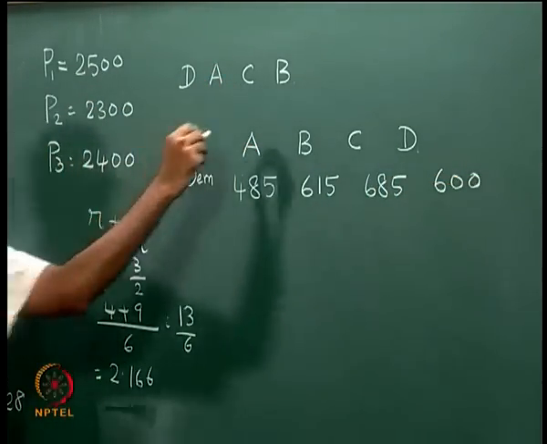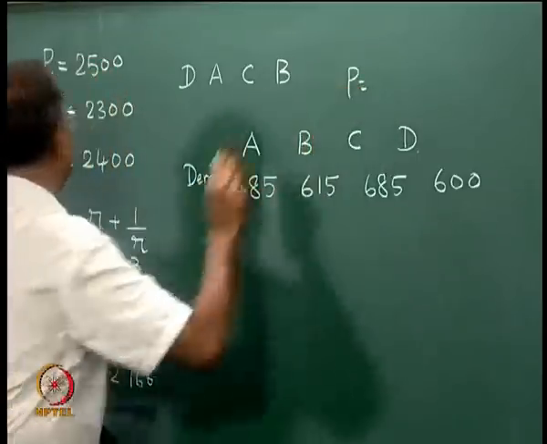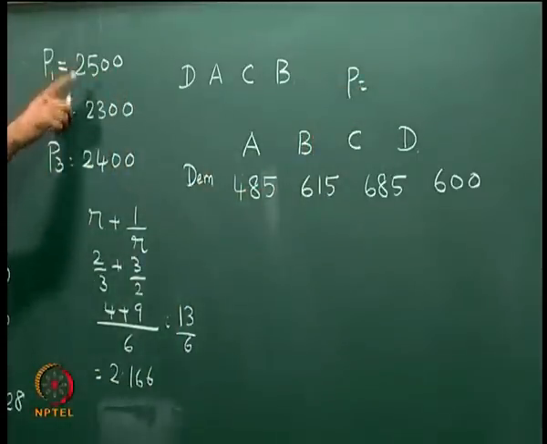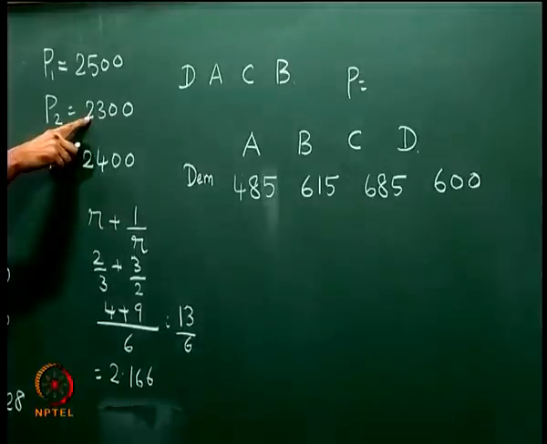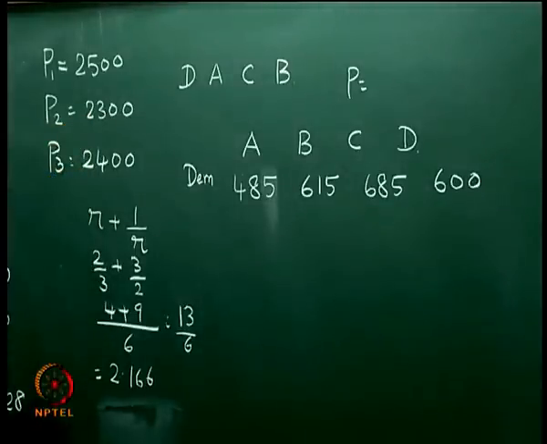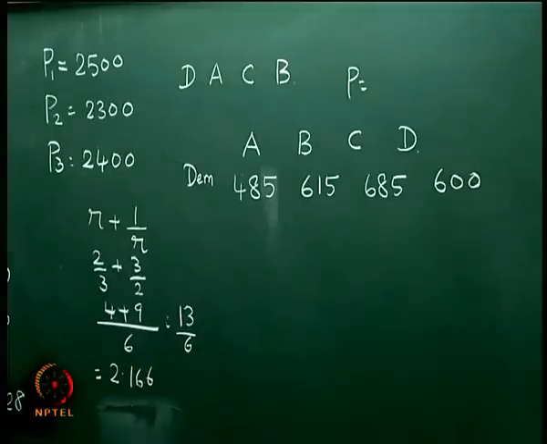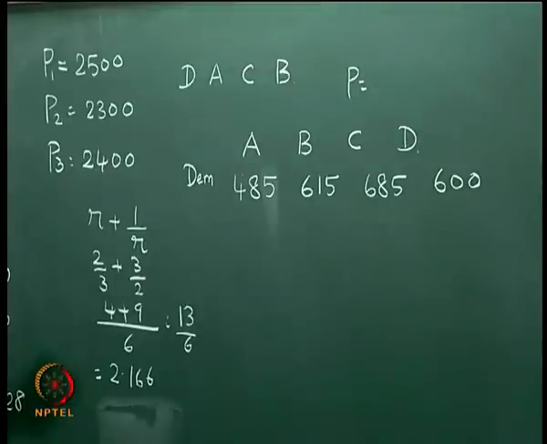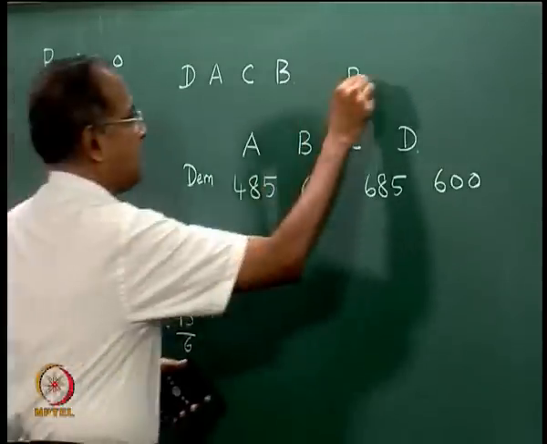Now the P value will be 2500 plus 2300 plus 0.166 into 2400 would give us 2400.